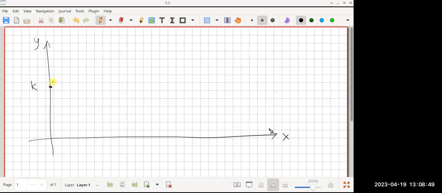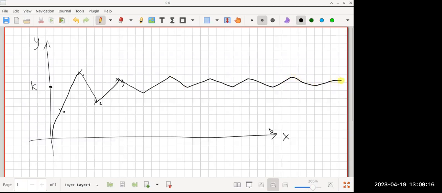When we look at the sequence of x, this would represent x0, this would represent x1, this would represent x2, x3, and so on. They don't have to be in a monotonic way, but basically it has to get closer and closer to k, like so.